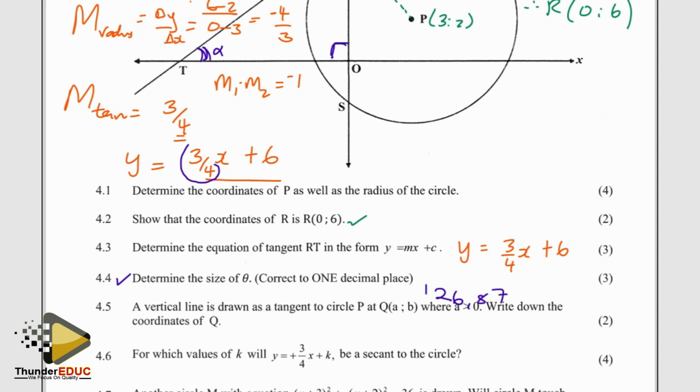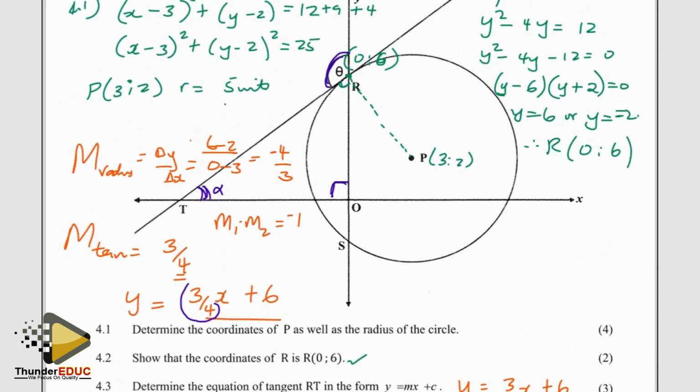So theta is 126,87. Then 4.5, they're telling us there's a vertical line that is drawn to the circle at Q, where a is greater than 0. Write down the coordinates of Q. Now, if it's a vertical line, it needs to be parallel to the y-axis. And if that line is indeed a tangent, it must touch the circle at one point.